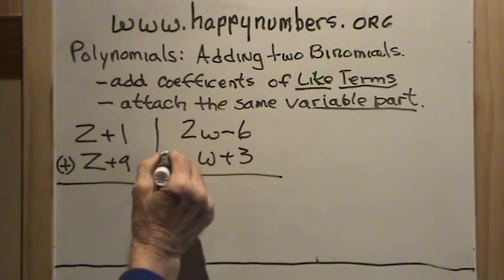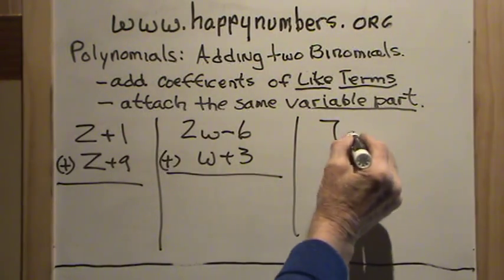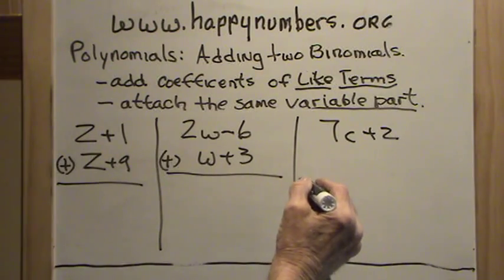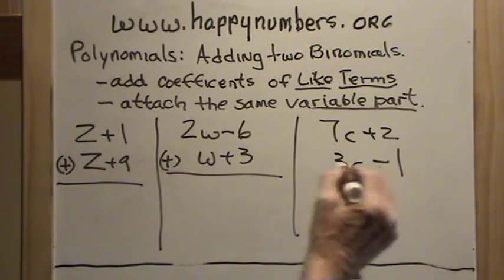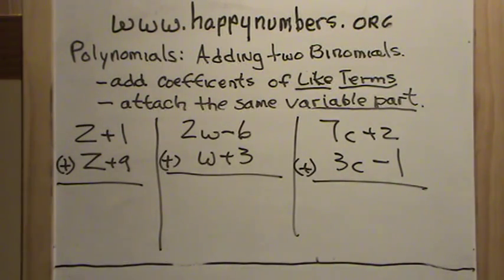You're adding those. And one more, 7c plus 2 and 3c minus 1, and you're adding those. All right, we'll put your video or DVD on pause, work those problems, and then turn it back on and we'll take a look.